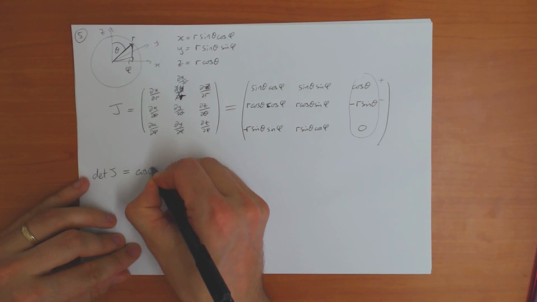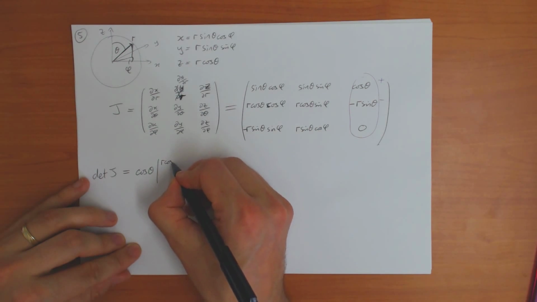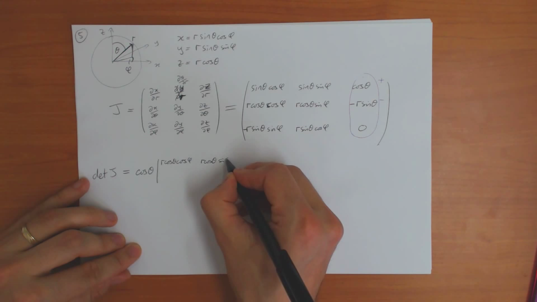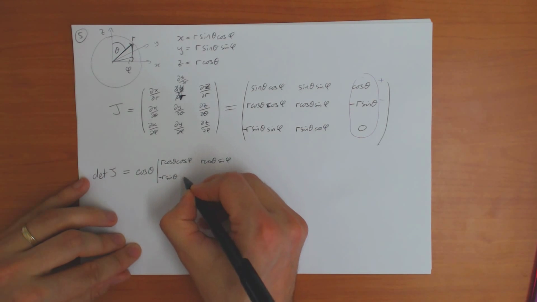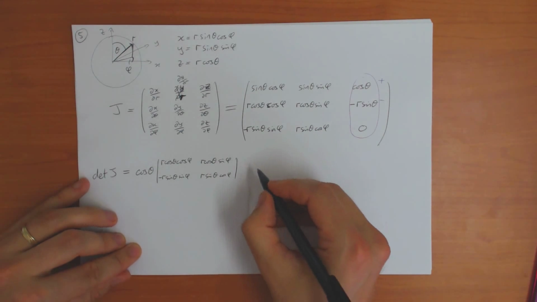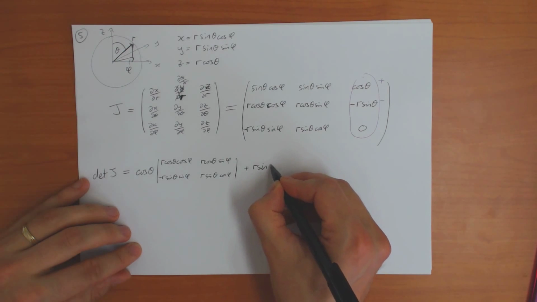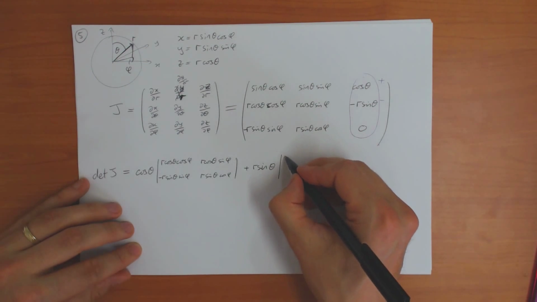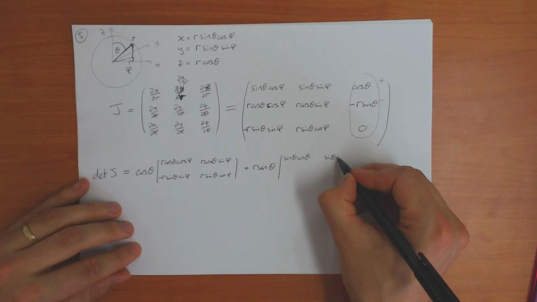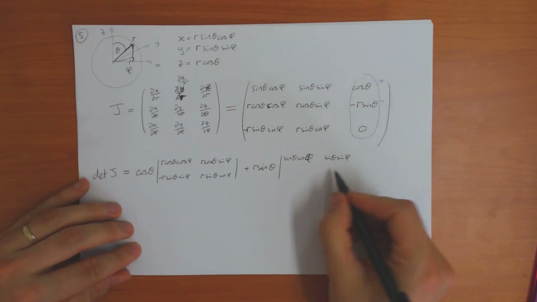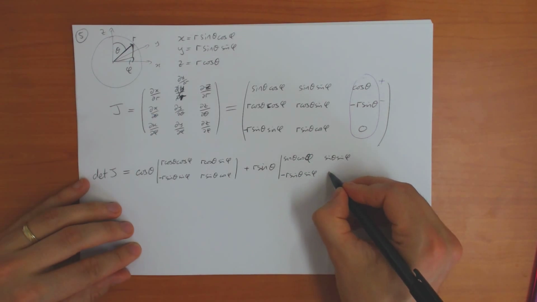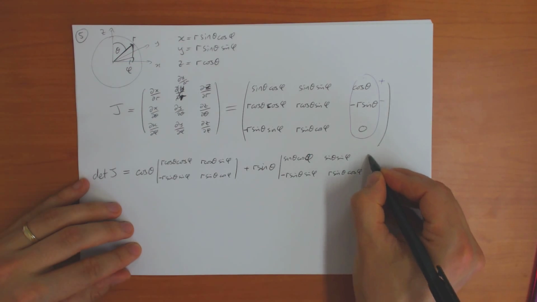So that's going to get you cos theta times the determinant of r cos theta cos phi, r cos theta sine phi, minus r sine theta sine phi, r sine theta cos phi, plus r sine theta times the determinant of this matrix: sine theta cos theta cos phi, sine theta cos theta sine phi, minus r sine theta sine phi, r sine theta cos phi.